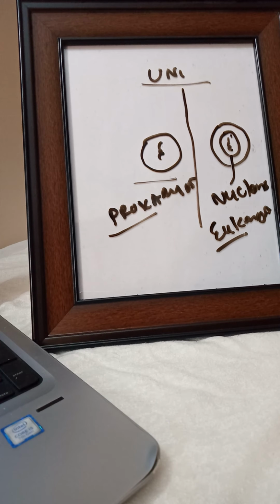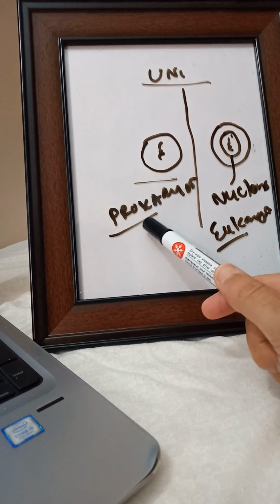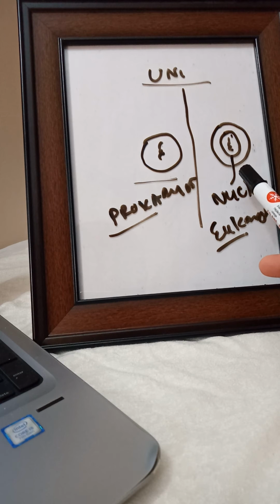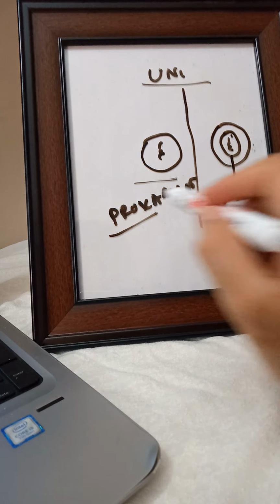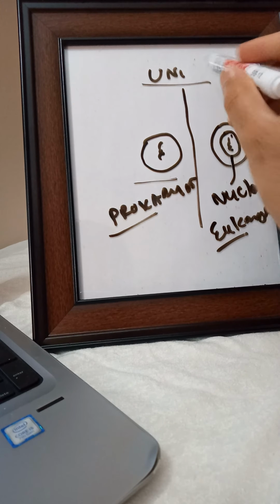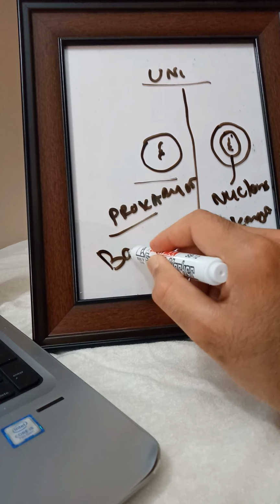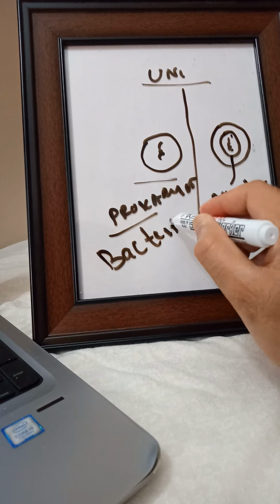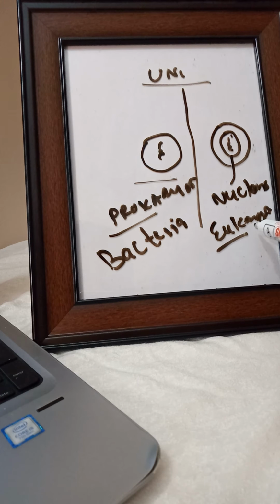This is a prokaryotic type unicellular, and this is a eukaryotic type unicellular organism. That means unicellular organisms can be of two types: those who are prokaryotes, and another kind who are unicellular but eukaryotic. Now examples. Prokaryotic type unicellular organisms are bacteria, while eukaryotic type unicellular organisms are protists.